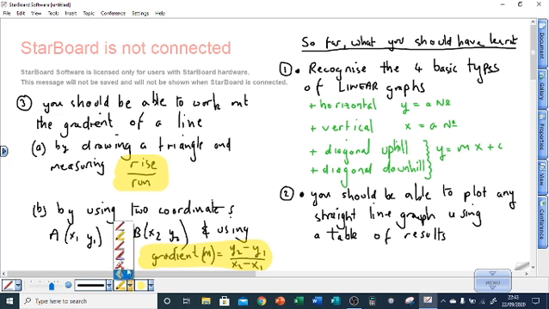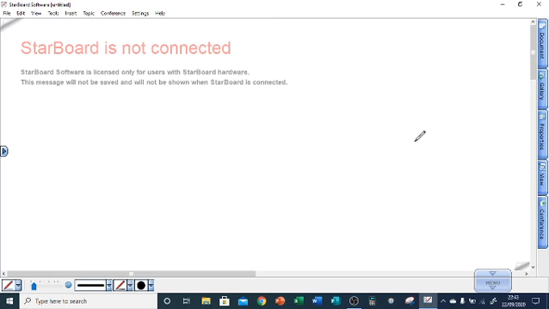So let me just change my color. I want you to put a title. Just go over the page. I can't get rid of this, but that's because I'm doing it at home. But anyway, it's better than nothing. So the title is going to be using the gradient formula.